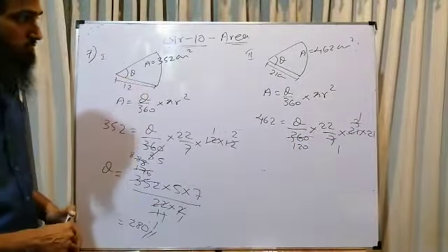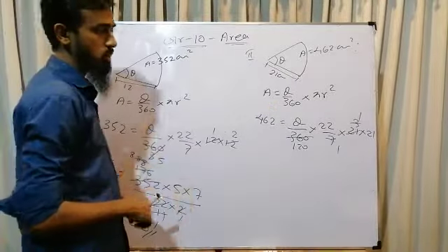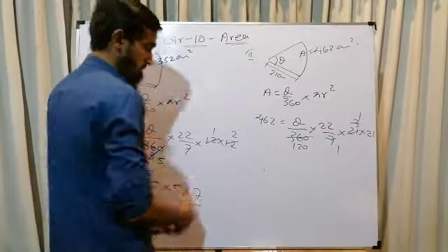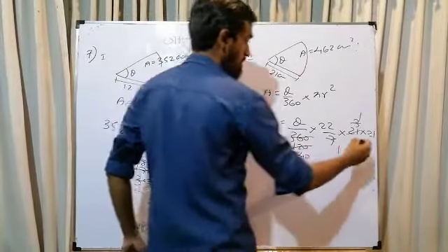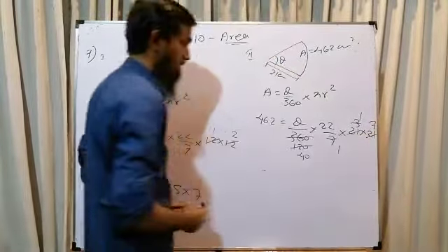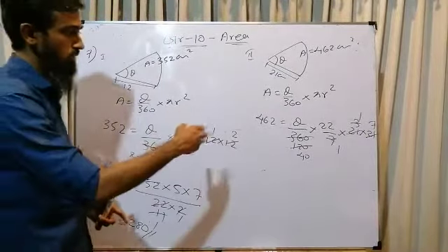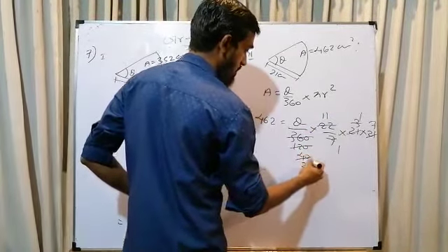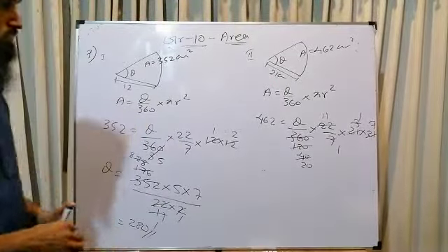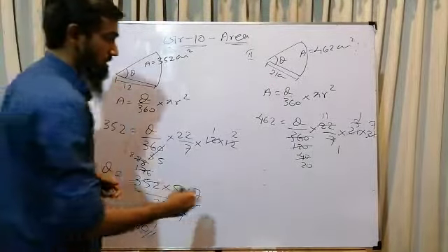It's 120. 120 and 21 we can divide with 3. So 3 times 4, 3 times 7. 22 and 40 we can divide by 2. 11, 20. So we can subject the theta.